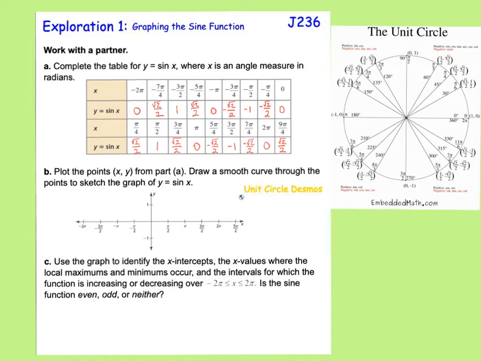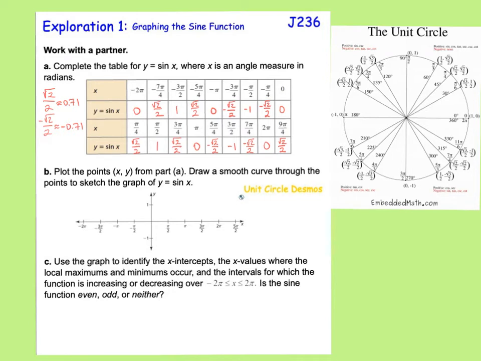So if we evaluate the square root 2 over 2, we are going to get about 0.71, and negative square root 2 over 2 is going to be approximately negative 0.71. So if we use those decimals here for the table of values, we can actually graph our sine function.